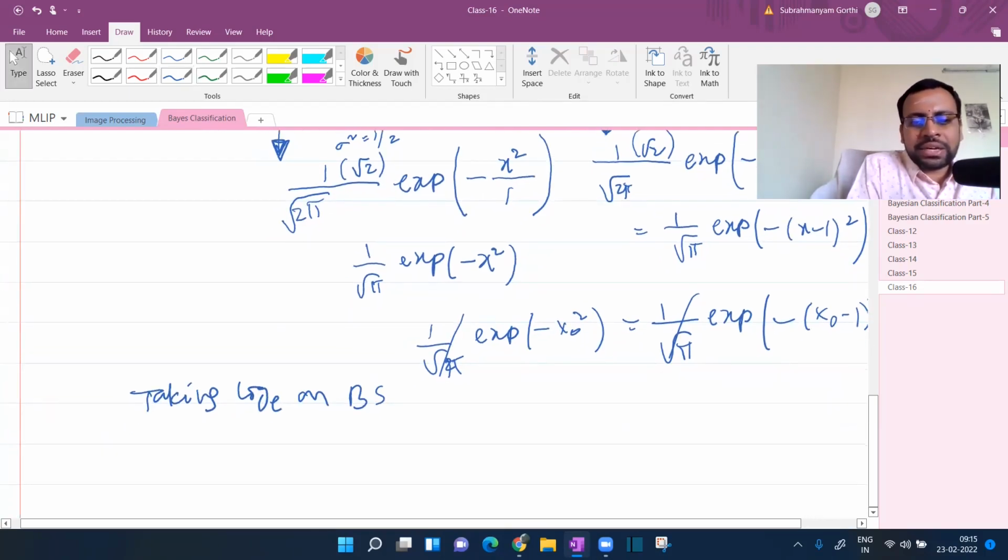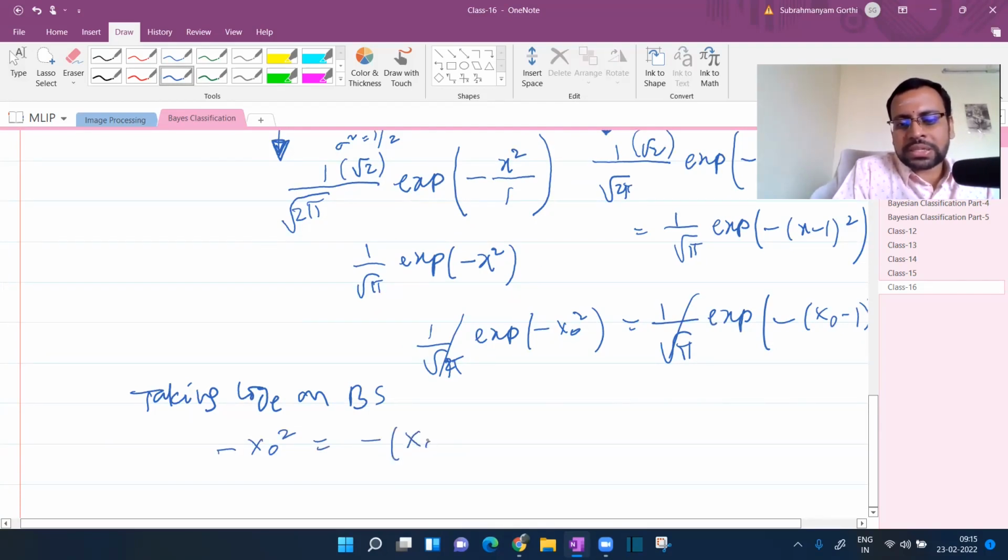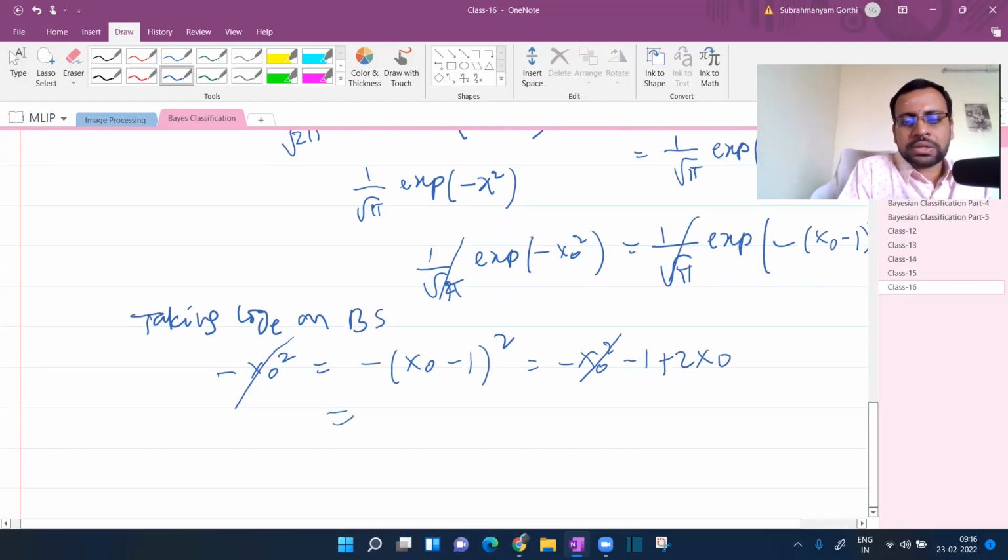So on the left hand side, you have minus x naught square is equal to minus x naught minus 1 whole square, which is equal to minus x naught square minus 1 plus 2x naught. These two get cancelled. That implies x naught is equal to 0.5.